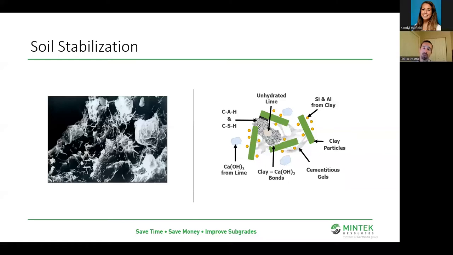We're going to raise the pH of the soil, allowing the amorphous silicas and aluminas, those pozzolans, to become soluble. We're bringing calcium to the table with the lime. We're going to form calcium silicate hydrates and calcium aluminate hydrates. Those same sort of bonds you're going to see when you're working with Portland cement. We're going to develop those same sort of gels, just like when we add water to Portland cement.